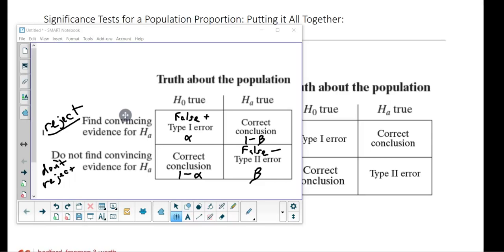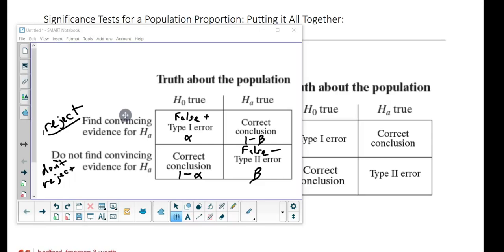When you get a false positive, you rejected the null, but the null was true, and that's going to be our alpha level there. You shouldn't have rejected. That's called a false positive.